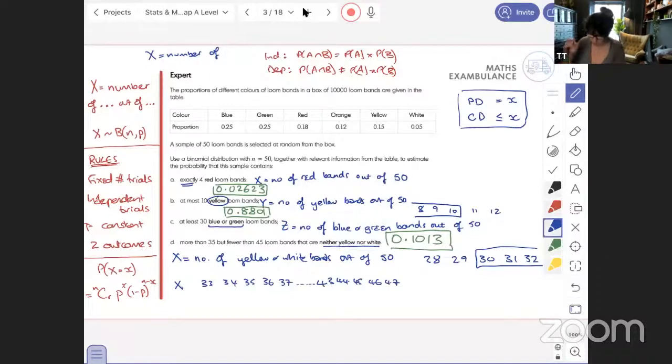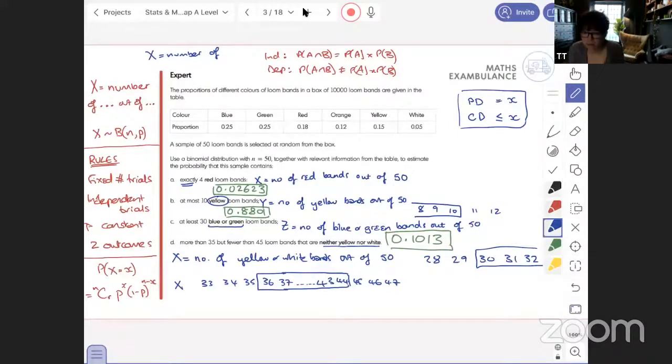More than 35, that's the cutoff there. Fewer than 45, that's the cutoff there.